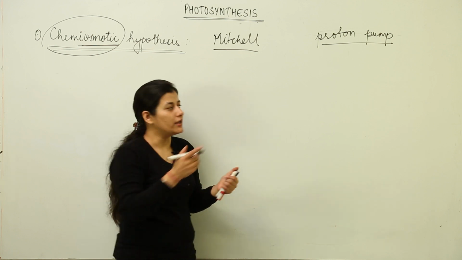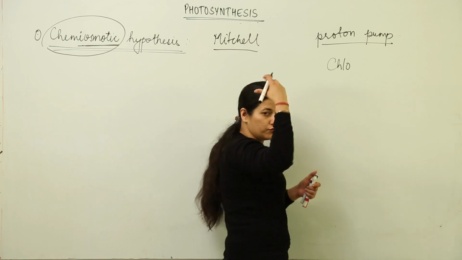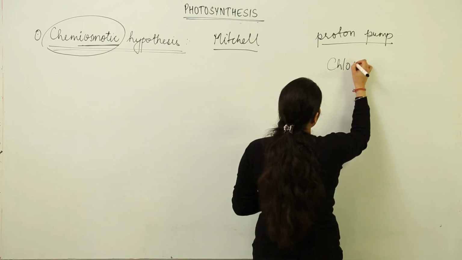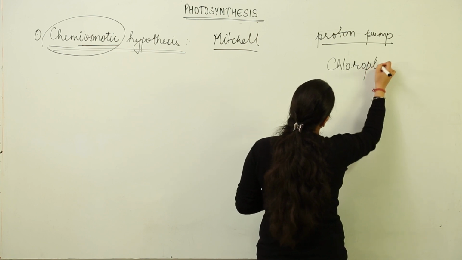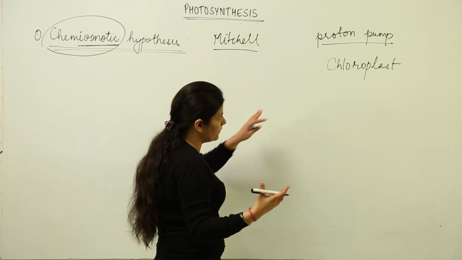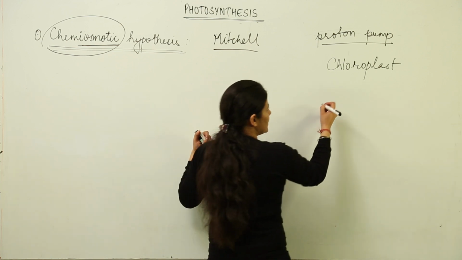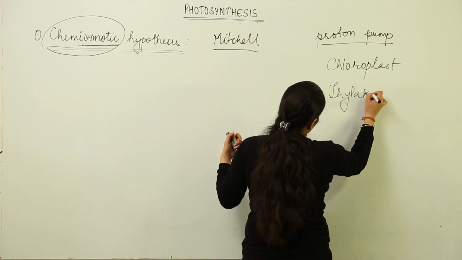What the site would be? In this case, because we are dealing with photosynthesis, because we are dealing with photochemical phase, the site would be chloroplast. Profuse knowledge of chloroplast you have by now, because you have studied in detail its structure. Now inside the chloroplast there is another site that we studied, that is thylakoid.